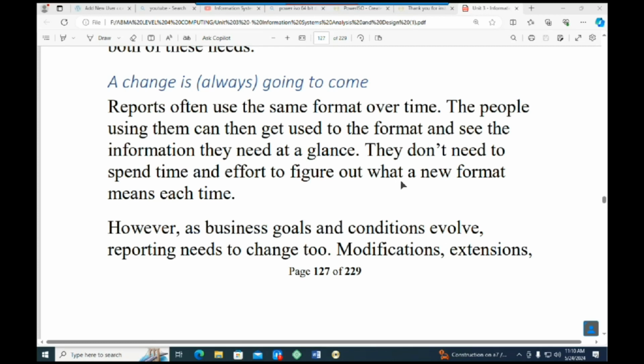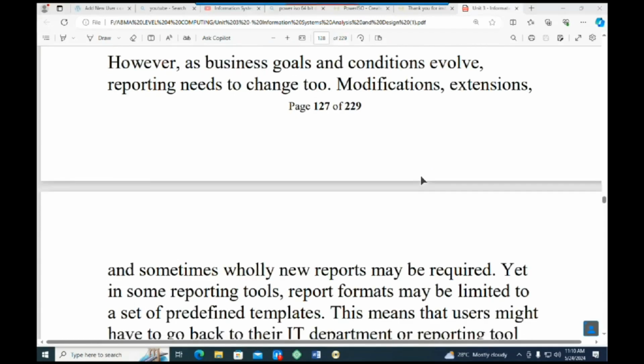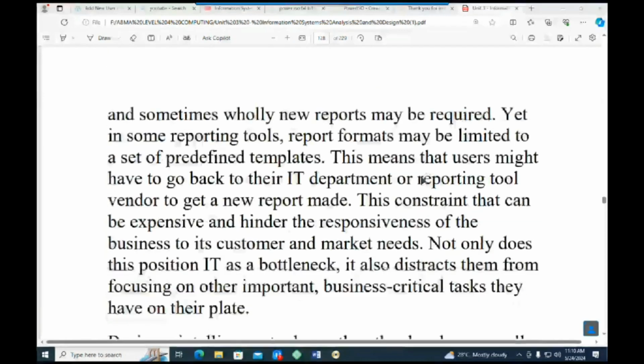But the business goals and conditions in business intelligence change over time. Since the business goals and conditions change over time, reporting also needs to change. So it needs to be modified, it needs to be extended. Sometimes we need to have some new reports that might be required.